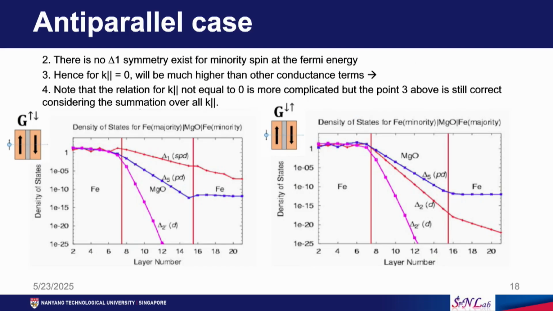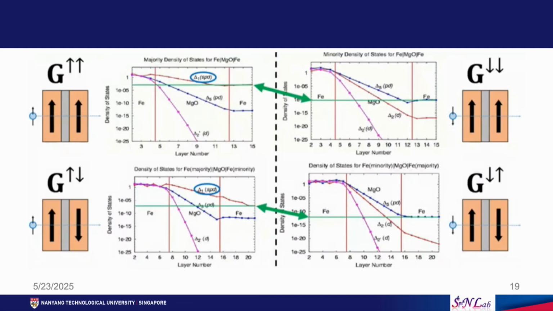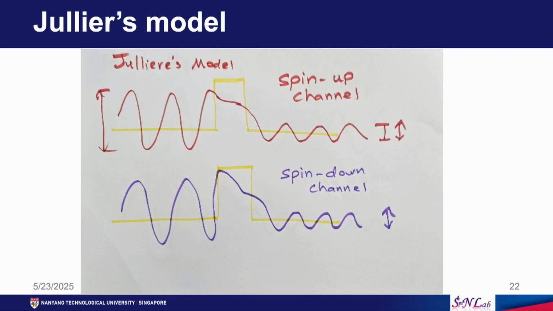Okay, so, if you look at the anti-parallel configuration, the spin up electron can go reasonably okay, but the spin down electron cannot go. Okay, so, based on all these calculations, let me skip this one.